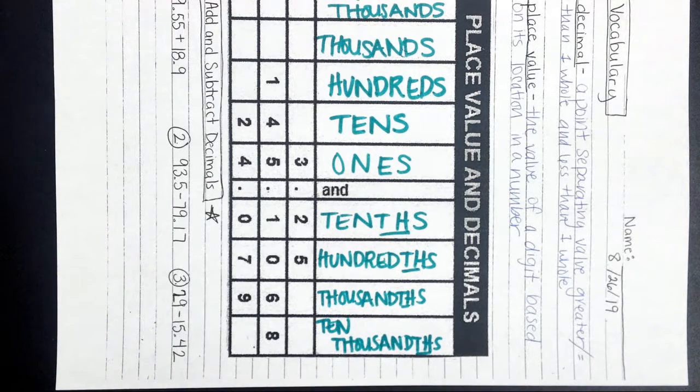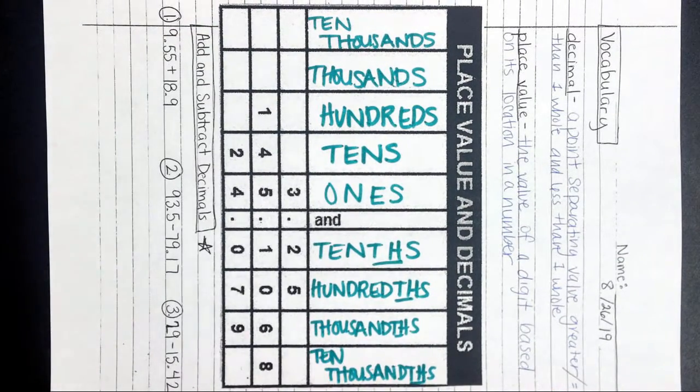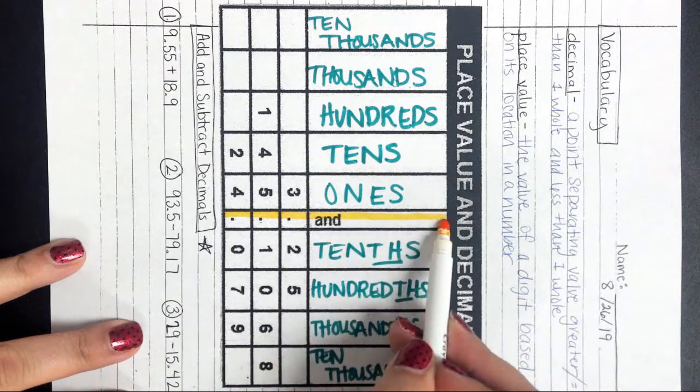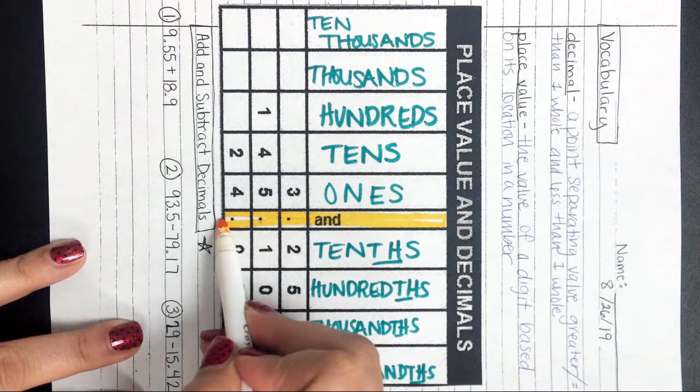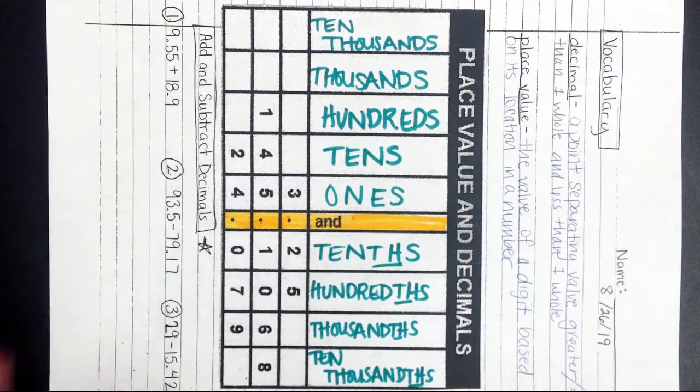Another thing super important about our place value chart is where our decimal is. What word does our decimal represent? And. So if I have the number 1004.5, I'm not going to read that number as one thousand four hundred and... because "and" only means that there's a decimal point.